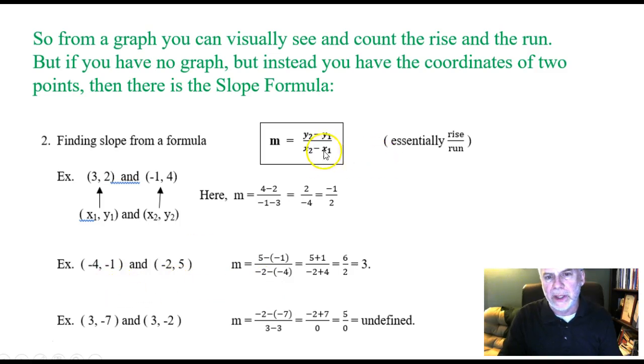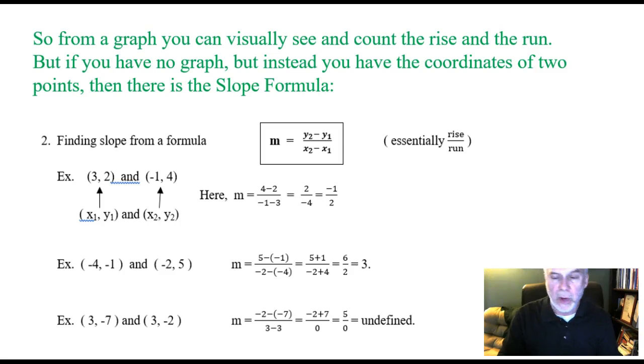In the bottom, you have x2, which is -2, minus -4, which is your x1. So -2 minus -4. Now what happens? Well, the minus -4 becomes plus 4. So you have -2 plus 4, which equals +2. So you have 6 over 2 or 3. So the slope is 3.